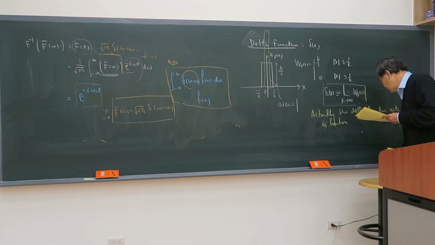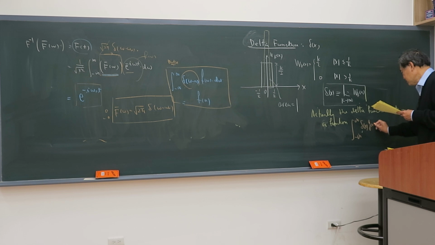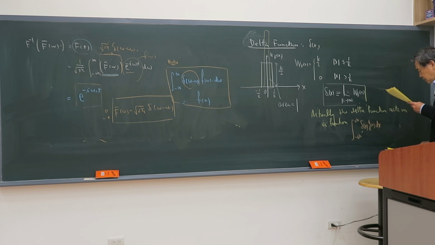When you do the integral from minus infinity to infinity of delta(x) g(x) dx, it is like the limit as k goes to infinity of the integral from minus infinity to infinity of w_k(x) g(x) dx.